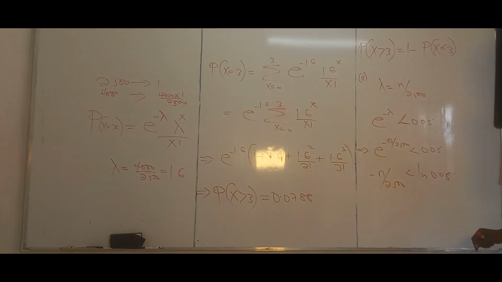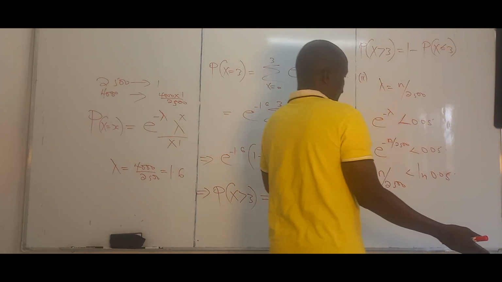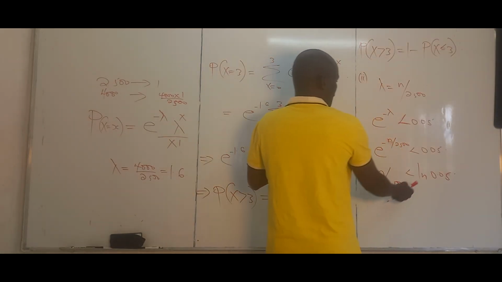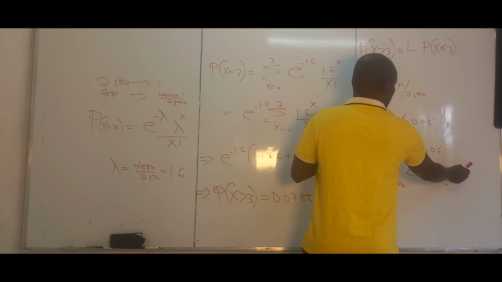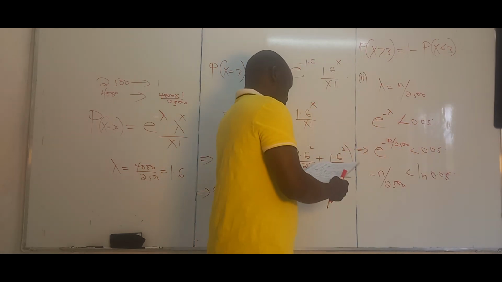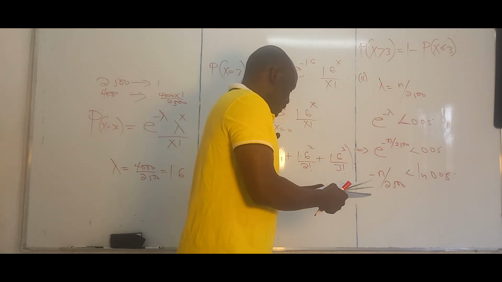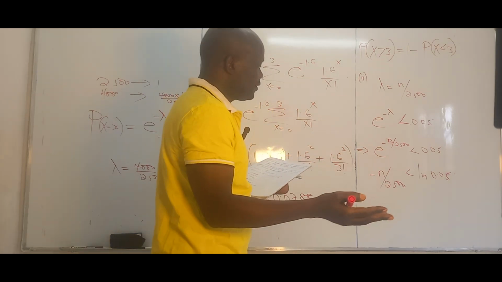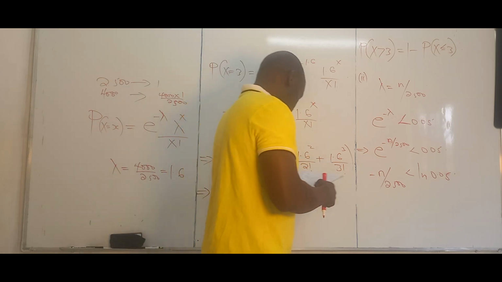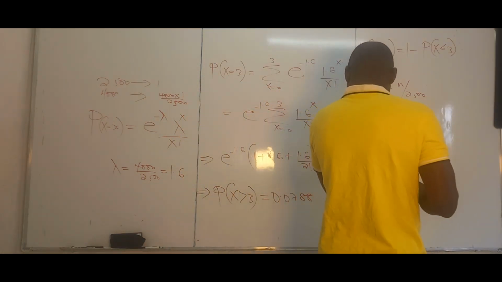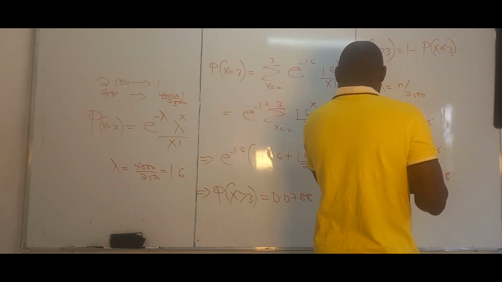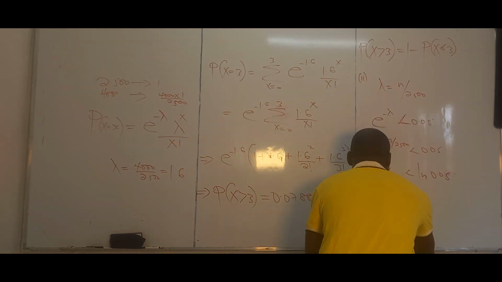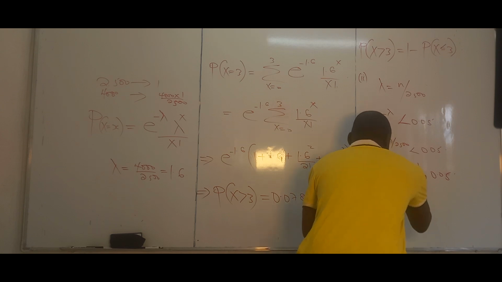Now, here, we can read the natural logarithm of 0.05. And what we are simply saying is that if you work out the value of n, n is greater than, just going by this.